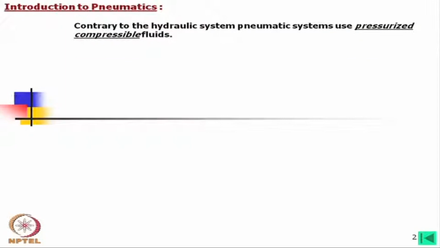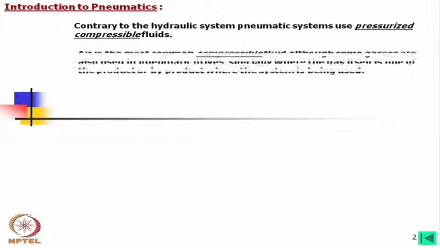But for small power applications, tools and others, you will find this pneumatic system is very useful, and air is free of cost. You are getting it free of cost. Only thing, you have to prepare the air for utilizing it in a system.